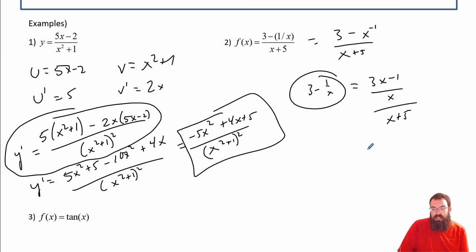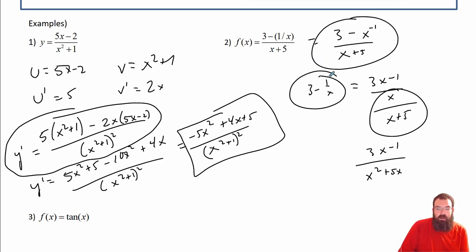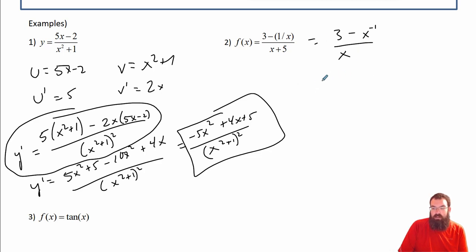But then that's really the same as 3x minus 1 over x squared plus 5x. Remember, these two go together. I guess we can do it that way too. It doesn't really matter, but I'm not going to. I'm just going to do it right from here, instead of wasting time. I'm just telling you that's what you could have done in the first place if you wanted to. If you don't like x to the negative 1, you can definitely get rid of it.